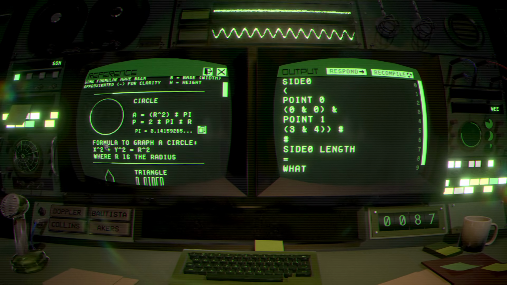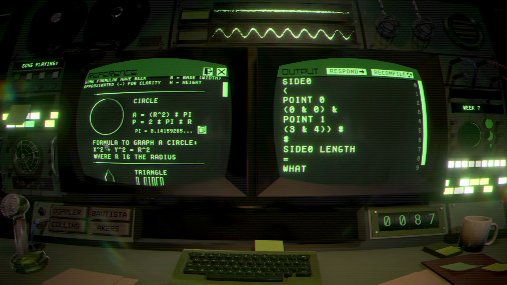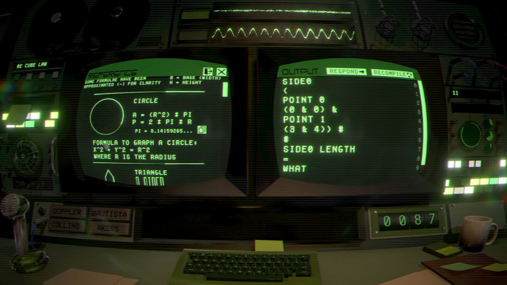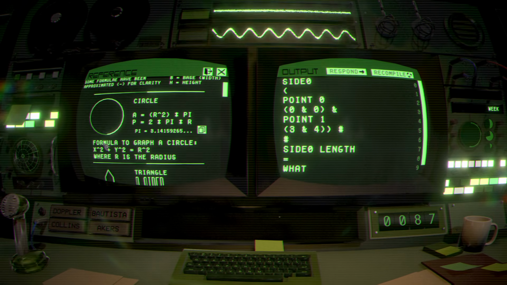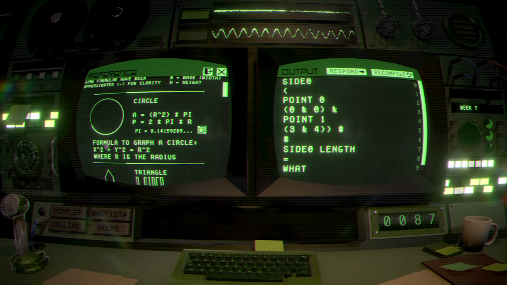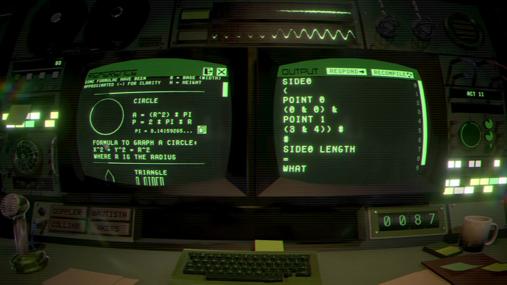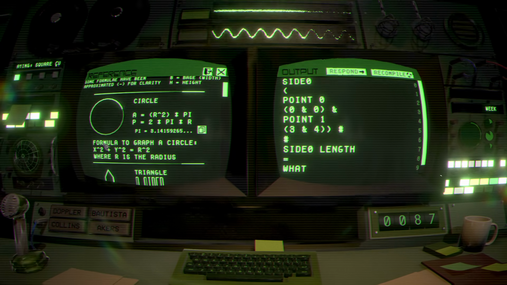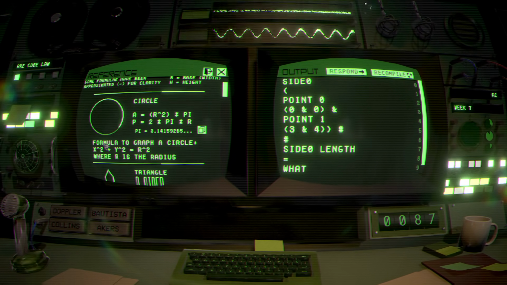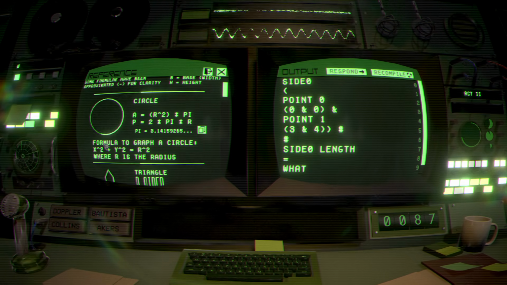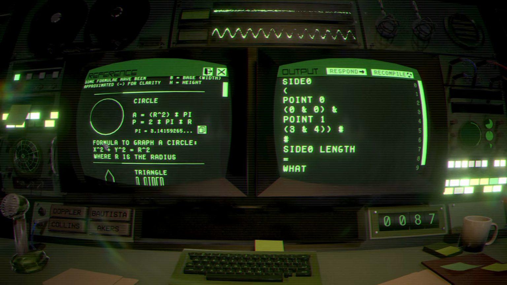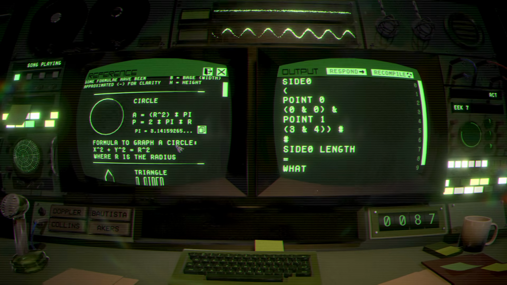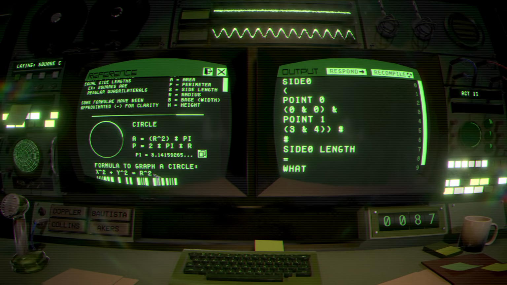Okay, let's think. 3 squared, 9. 4 squared is 16. So we're talking 5 squared. No, we want the square root of 25, which is 5. Okay, so our radius is 5.